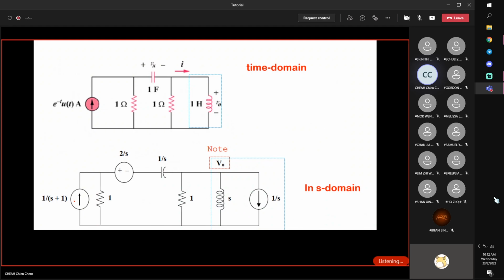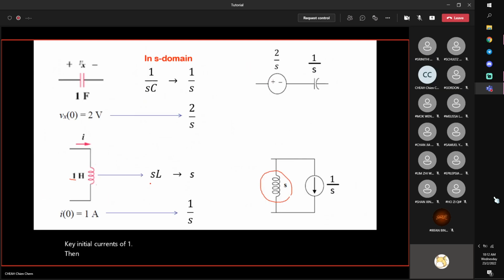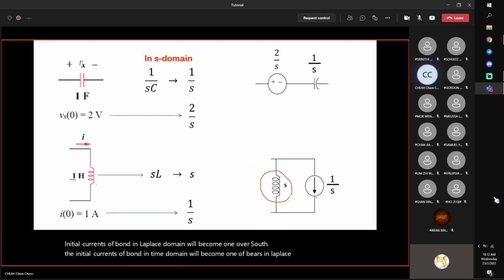The initial current of 1 in time domain will become 1 over s in Laplace domain. So therefore, we write down this circuit model over here.